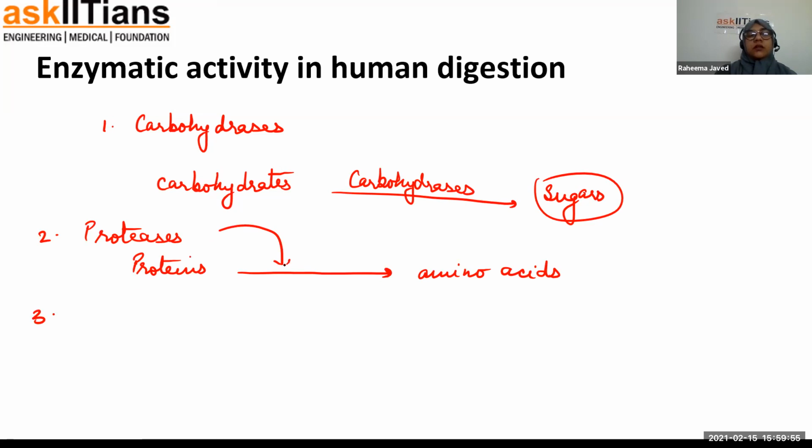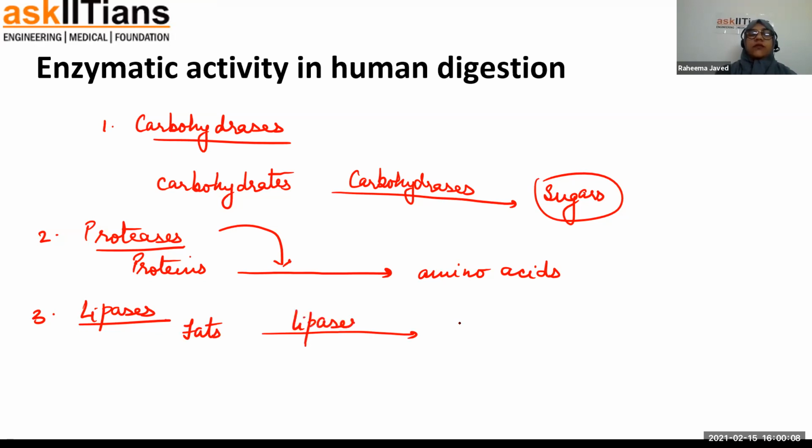The third major group are lipases. Lipases, on the other hand, act on fats and convert fats into fatty acids plus glycerol. And finally, the fatty acids and the glycerol molecule are absorbed.